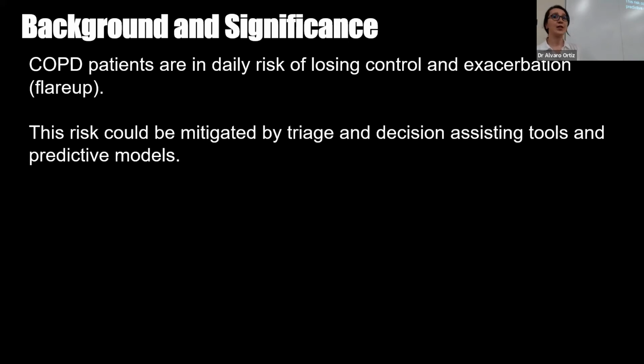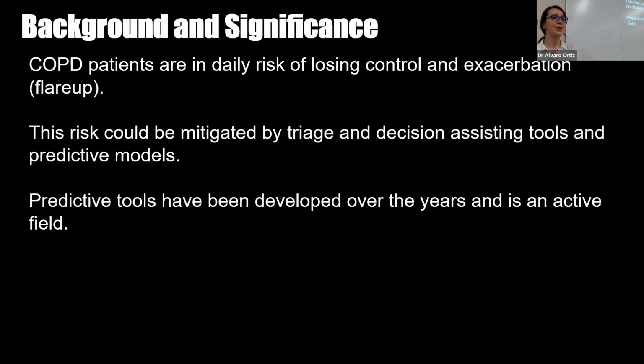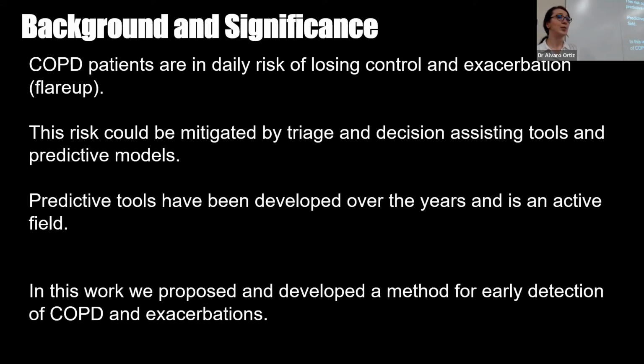But this risk could be controlled by using decision-making assisting tools and predictive models. This is a very active field, and recently a lot of predictive models have been developed. In this study, we proposed and developed a predictive model for the early detection of COPD patients and their exacerbation.